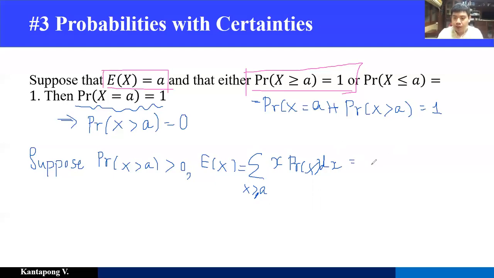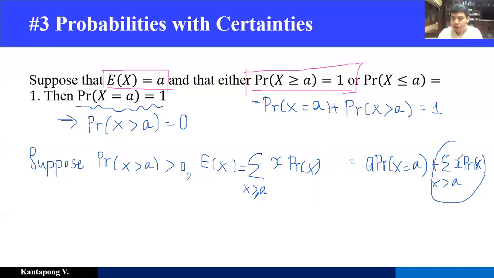So this one is going to be a times p(x equal to a), plus the sum over x greater than a of x p(x). No dx here.